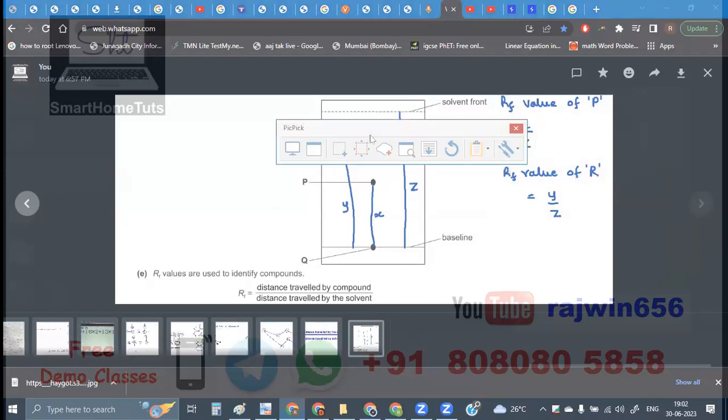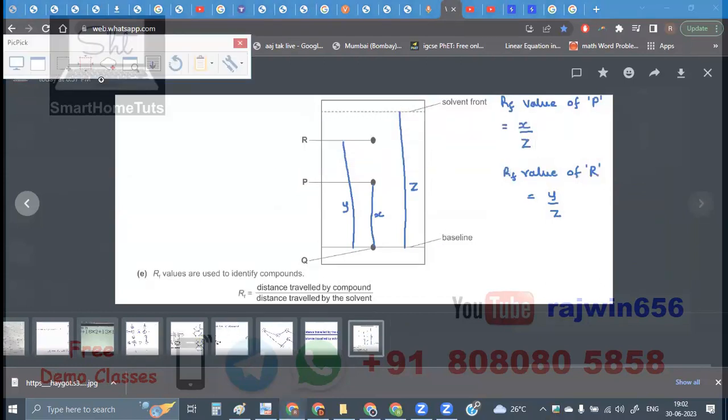Okay, now here you see there are different substances which travel different distances. You can see here X, Y, and Z. Z is the distance traveled by the solvent front, and X is the distance traveled by component P. So the RF value of component P will be X upon Z. This is your distance, I'm showing it.